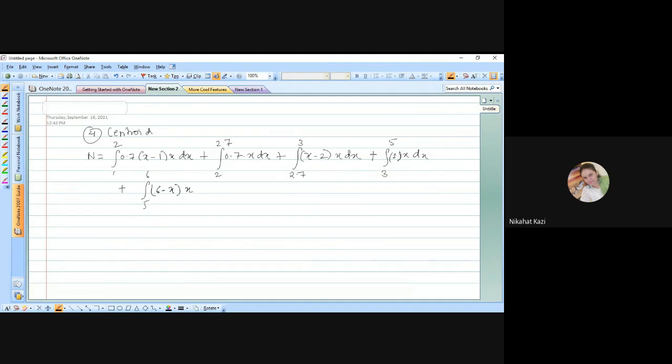Multiplied by x, and we are done. So this is the numerator. Now when you are solving this, you just have to use definite integrals and solve it. Okay, so let us solve it. Let us get the value for the numerator.